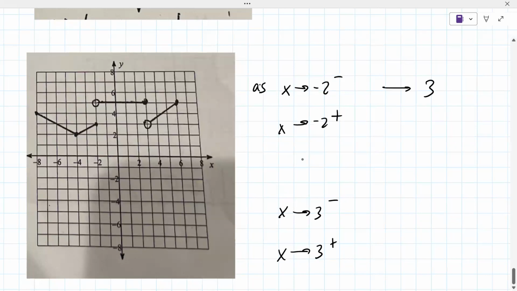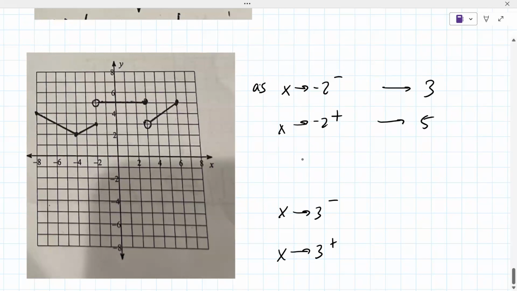I agreed. And then, how do we say it from the beginning again? x approaches -2 from the right. That would be 5. f of x equals 5.